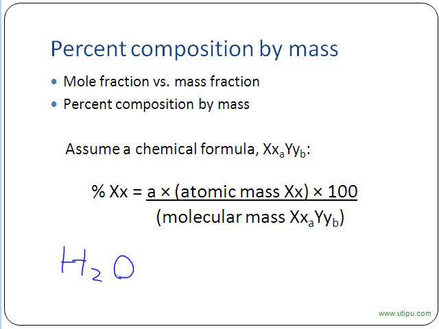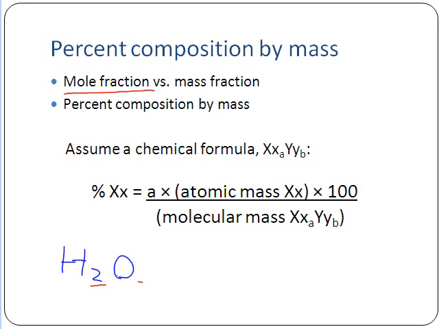The first way is to look at what's called the mole fraction, which is the mole ratio between the two. We have two hydrogens and just one oxygen, which is implied. So we'd have a 2-to-1 ratio. That is, we'd have 66.7% hydrogen and 33.3% oxygen.